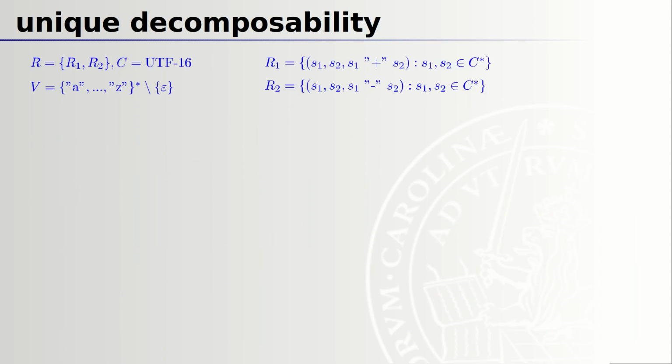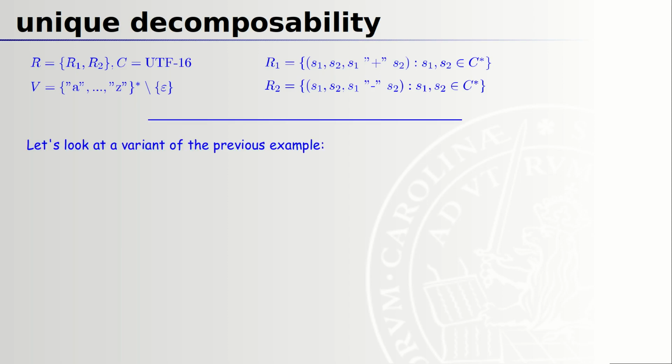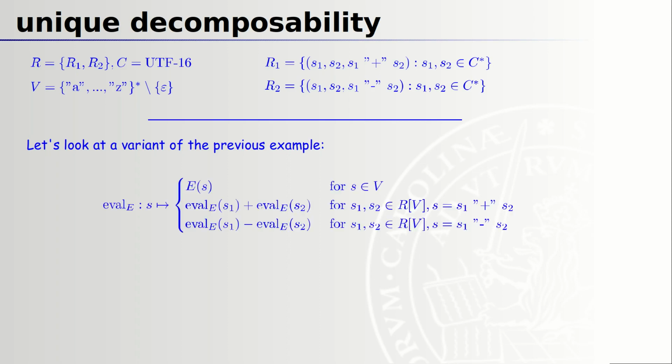In order for this kind of recursive definition to be well defined, we need something called unique decomposability. To understand its importance, let's look at a slightly modified example. It only has two binary operators, plus and minus, and does not use parentheses. Consequently, this is a structurally recursive evaluation function.